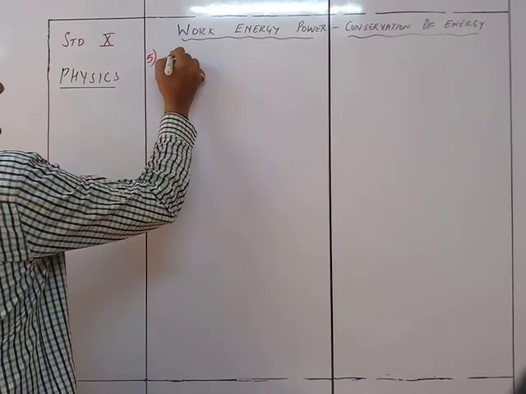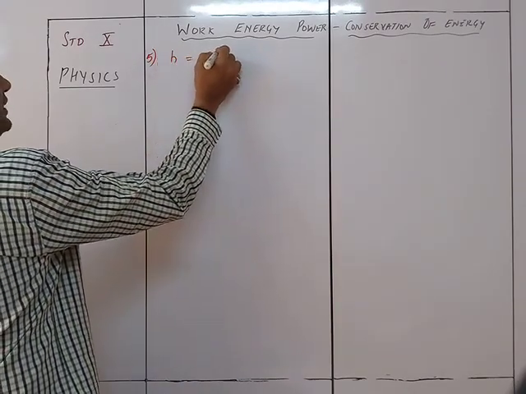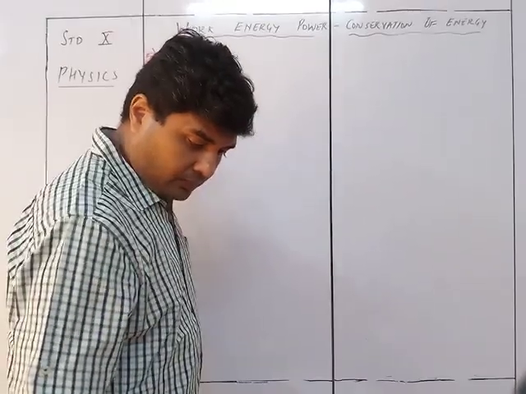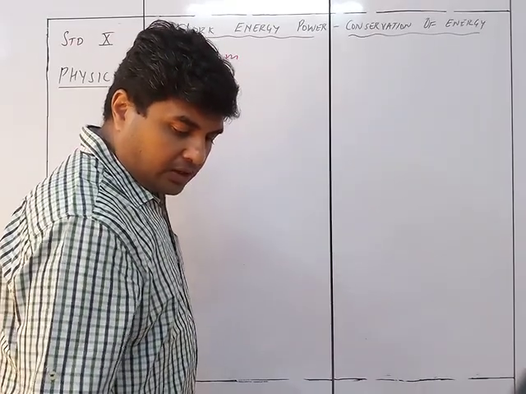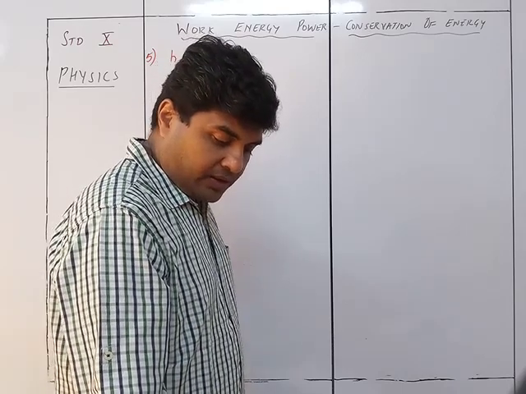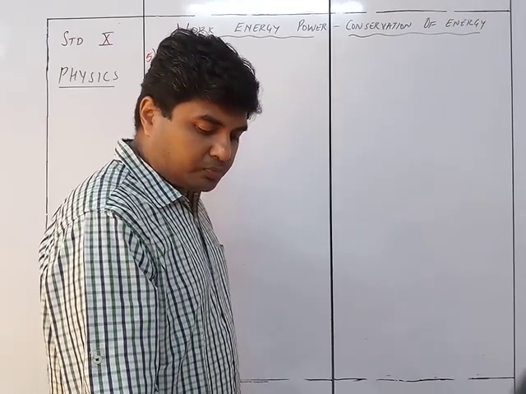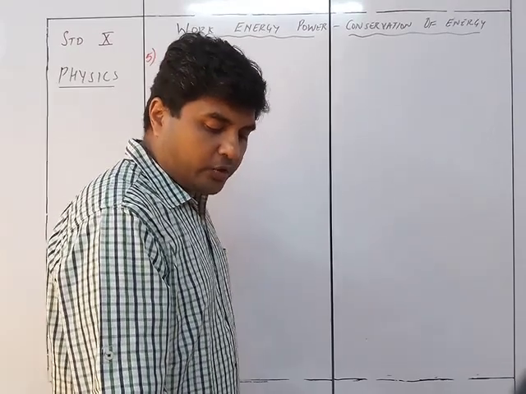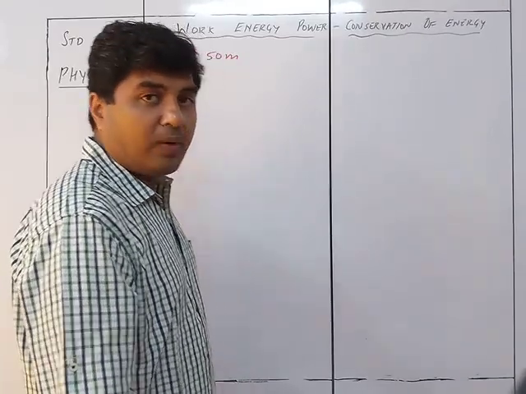So it is given that the height of the water level is 50 meters above the turbine. Assuming an overall efficiency of 40%, calculate the mass of water which must flow through the turbine each second to produce power output of 1 megawatt.